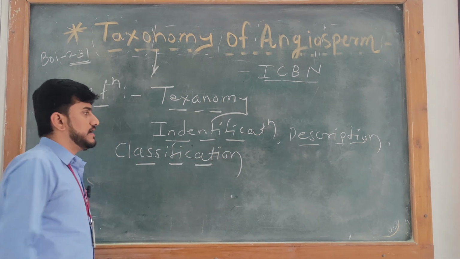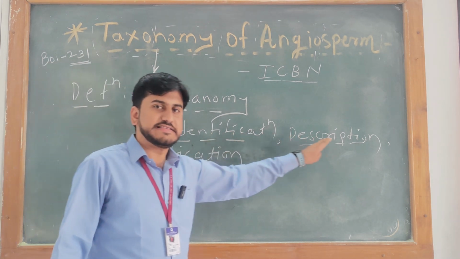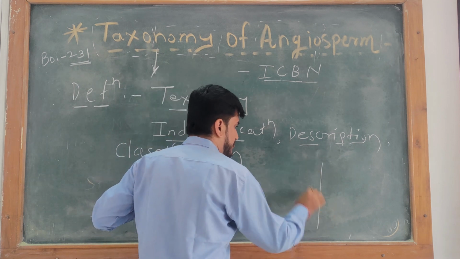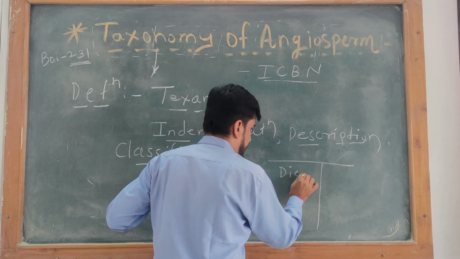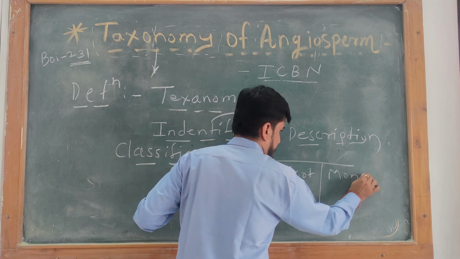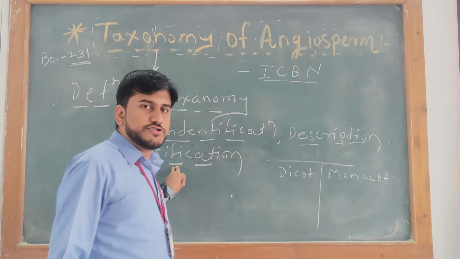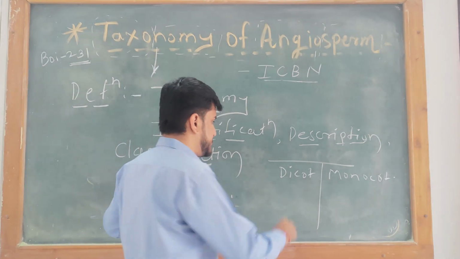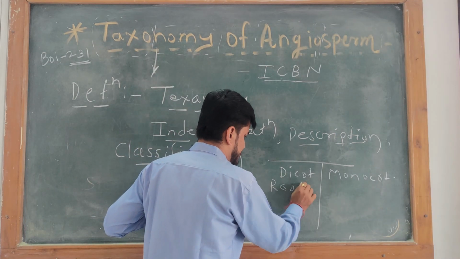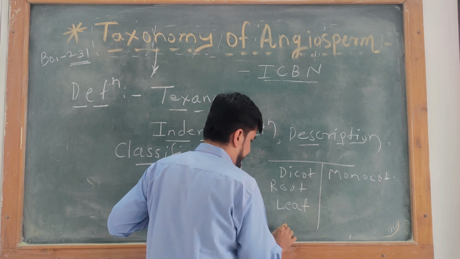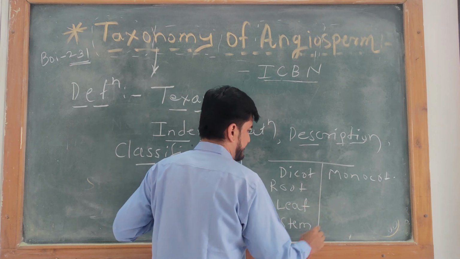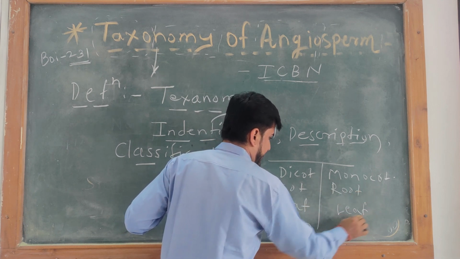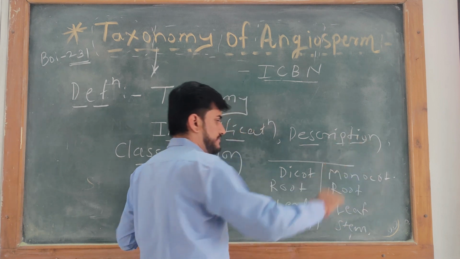So after identification and description, we classify the plants into different groups, for example, dicot and monocot. These plants are classified into different groups based on roots, leaf and stem. This is the character. Again, root, leaf and stem.